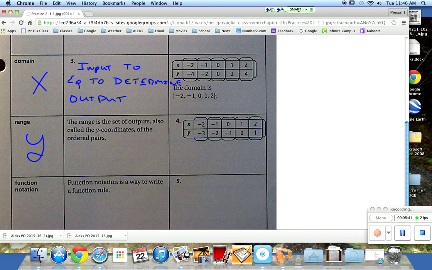The bottom one, function notation. It's just a way to write out a function rule. I'm not really overly concerned about you having to know function notation. I am concerned about domain and range and knowing what a function is. Those are the three main points I want you to get out of this.